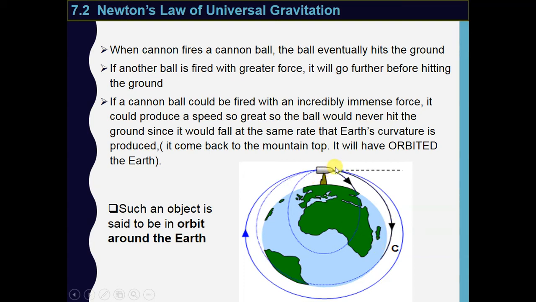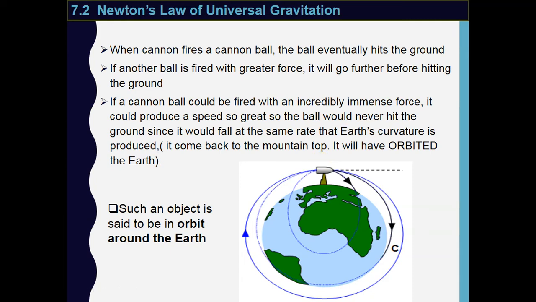But if the cannonball is fired with a great initial speed, it will go a very long horizontal distance and follow the earth's curve, so it will not hit the earth, and it will return back to the mountain top. So we say it will have orbited the earth. It's like now orbiting the earth.